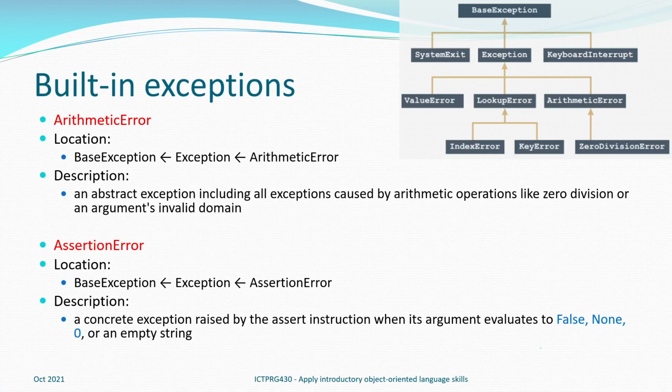Press pause, you can do that. Alright, so each exception has a location within the hierarchy of exceptions, and each of them has a descriptor that triggers them, if you like. So AssertionError is raised when an argument evaluates to false, None, or zero.